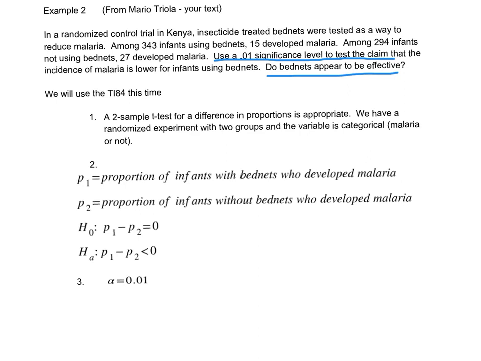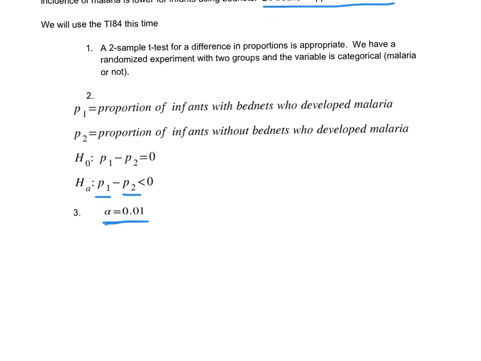So we're going to hopefully get evidence that P1 minus P2, bed nets minus no bed nets, is less than 0, is negative. Okay? State the alpha level, 0.01. It means we need a really small p-value, less than 1%.